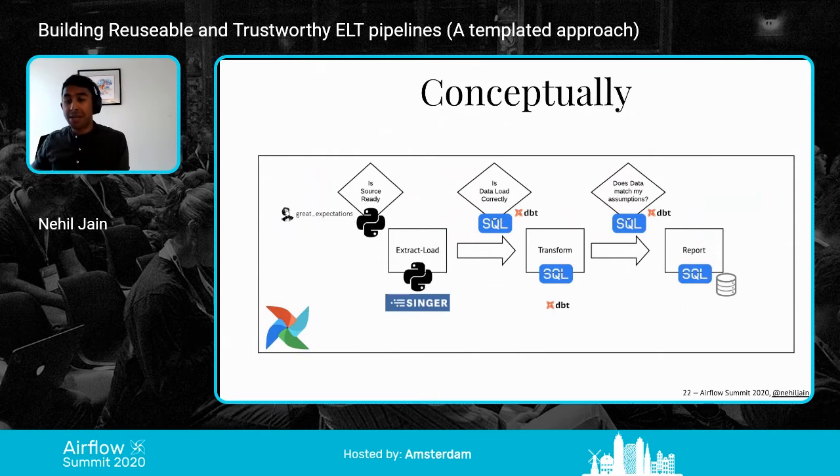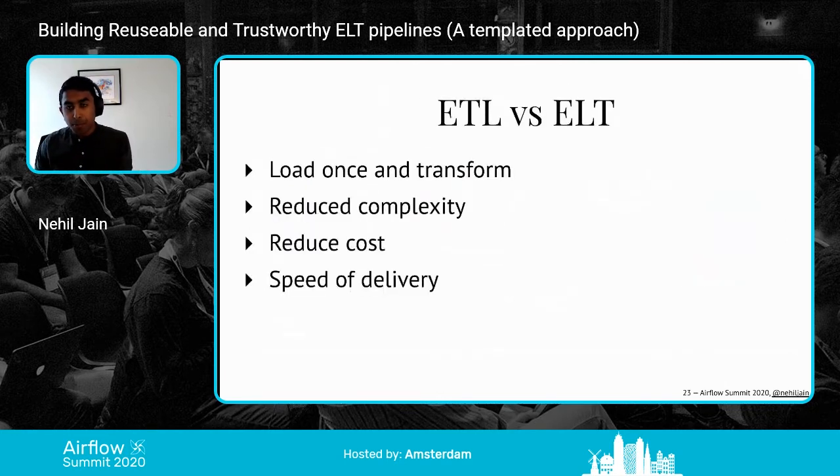And once that is there, then I will transform it and then check again on what are my business assumptions of that data and are they matching with what transformed. Basically, checking the logic of the transformation. At that point, if it is a success, after doing all this, I would just say that I have a production ready data set that can be used for reporting and making business decisions. So that's the conceptual flow we would want to establish.